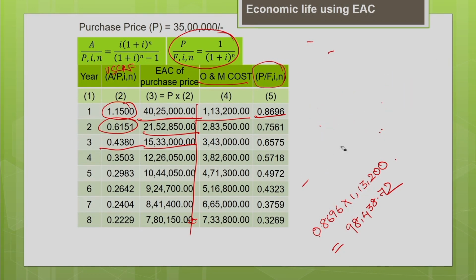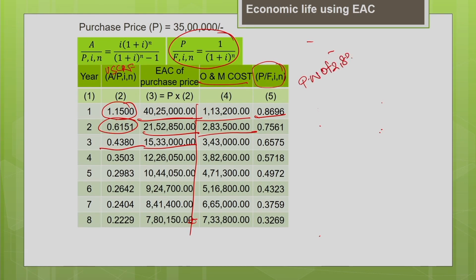So, let us work out one more trial so that you will understand better. This is the operating and maintenance cost. We are going to find the present worth of 2,83,500. It is nothing but 1 divided by (1+i)^n, n is 2 for the year 2. So, 1.15 power 2 gives me the present worth factor as 0.7561.